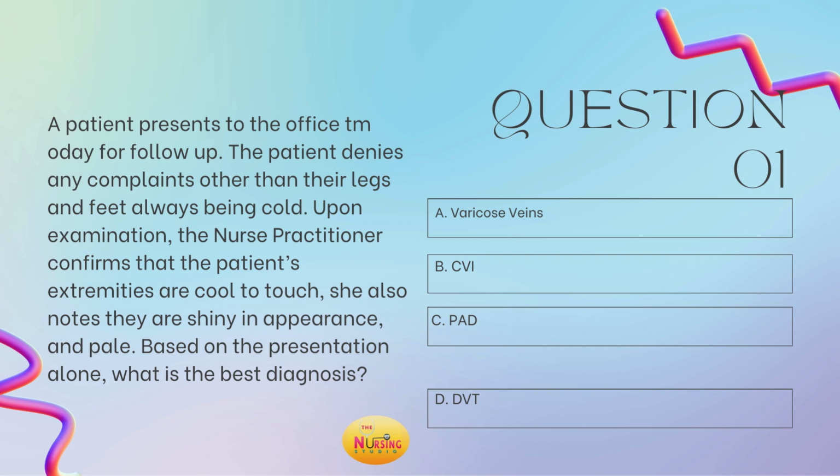On exam, when the nurse practitioner is doing their assessment, she notes that the patient's extremities are cold and cool to touch. They're pale and shiny in appearance. So when you think of these, this is a classic presentation of PAD, peripheral artery disease, right? So your best answer is C, PAD.